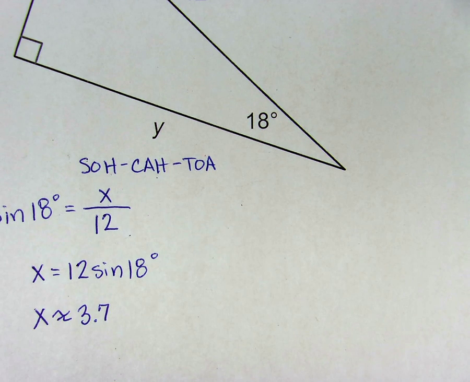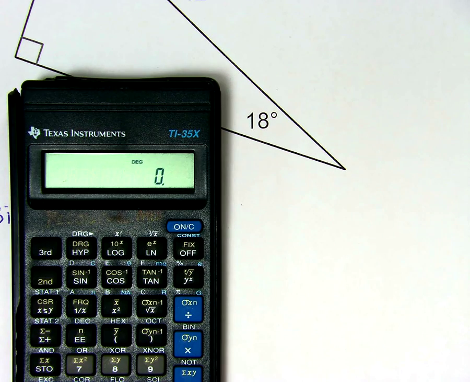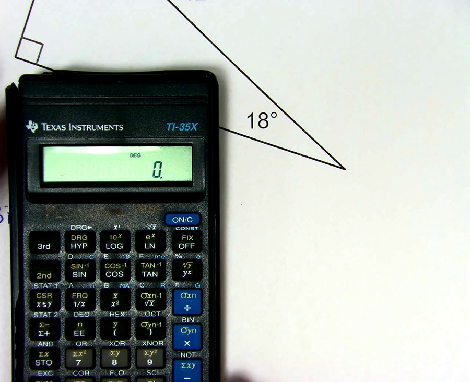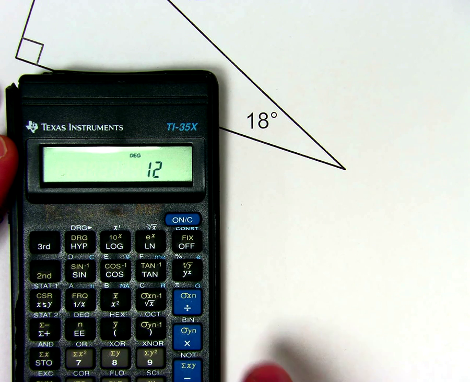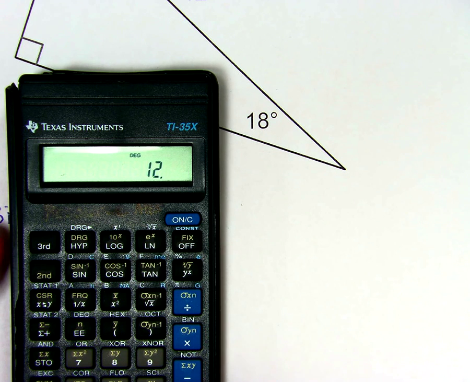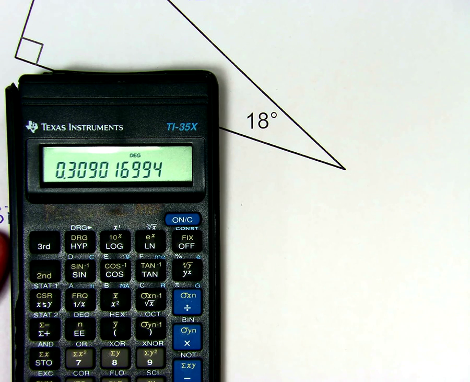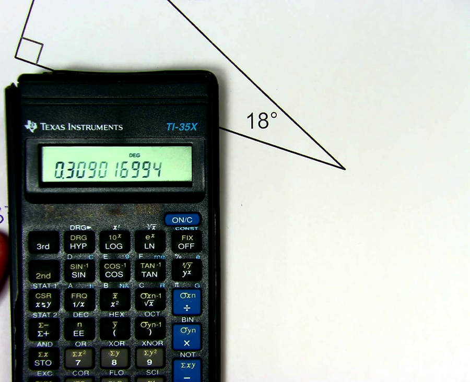Now if I were using a different kind of calculator, this one does not display all the operations. I have to do things a little bit differently. Here I would take 12 times, but now I have to do the 18, then the sine, and now equals.